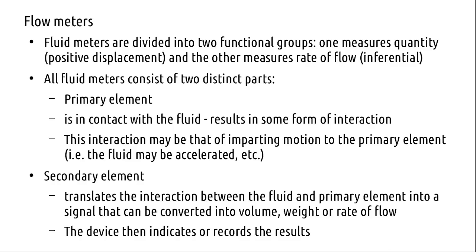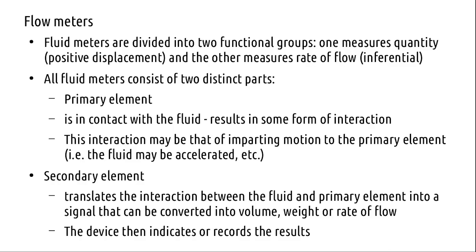In fact all fluid meters consist of 2 parts. One is what we call a primary element, and the primary element will be in contact with the fluid. It might be a rotating wheel, a vane, or a paddle wheel, all those things that will result in some motion of the primary element.